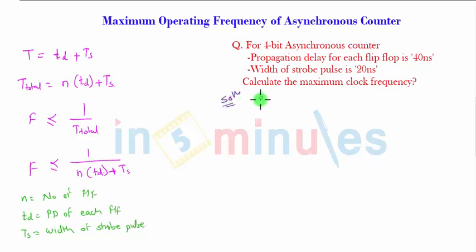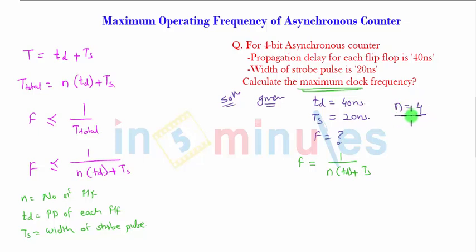So in the given part of the solution, what I can write down is TD is given, so TD is equal to 40 nanoseconds, width of strobe pulse TS is 20 nanoseconds, and we have to calculate F. So the solution is F should be less than or equal to, so simply to find the maximum clock frequency I have to put equal to 1 upon n TD plus TS, and one more thing, n specified here is 4 since it is a 4-bit asynchronous counter.